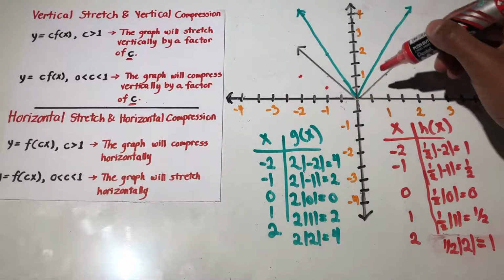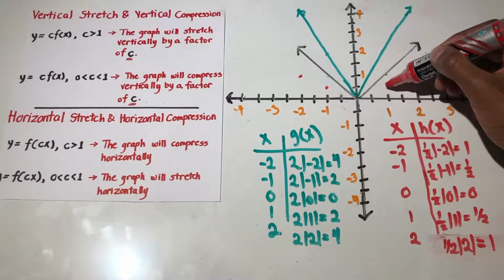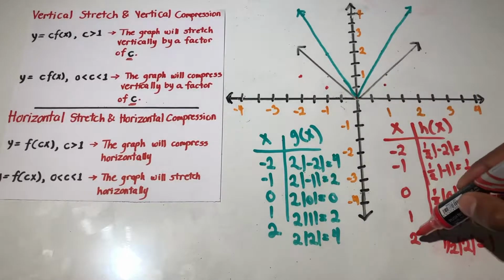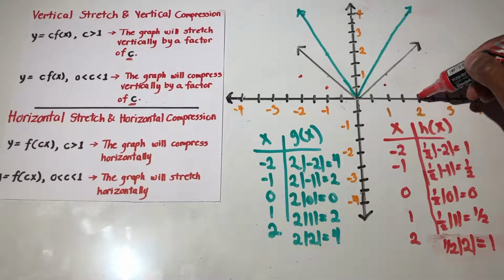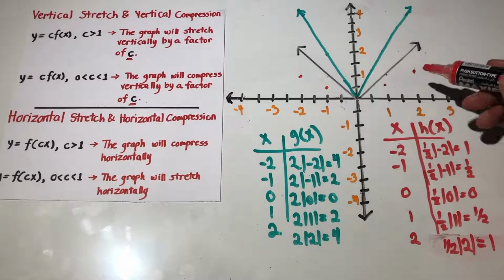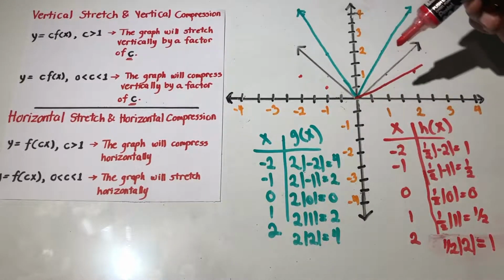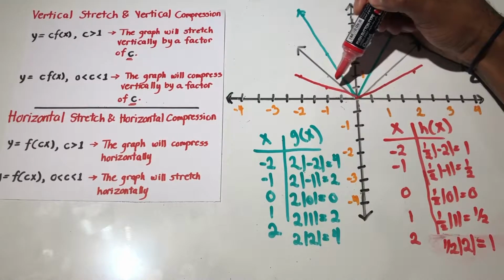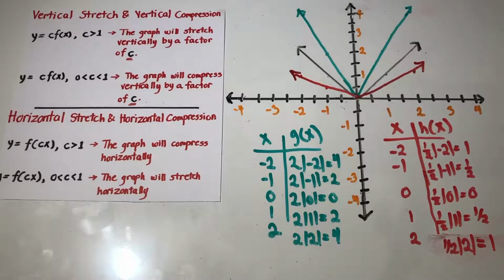We have 1 and a half, which is 1 unit to the right, and then half a unit up, so right there. And we have 2 and 1. We can go ahead and connect the dots. The function is going to look something like this. And of course, this is going to go on forever.